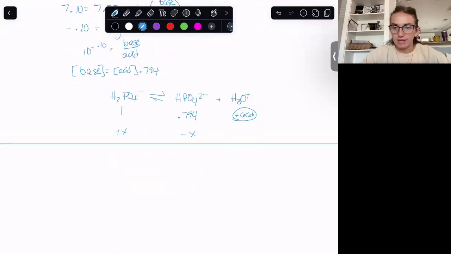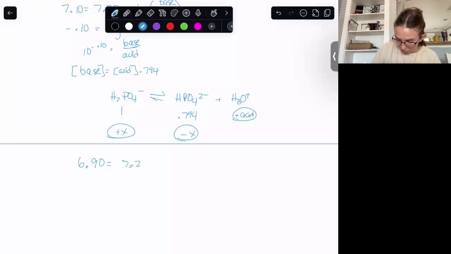Once we know that, we can say I have the same change in X for both of these. So now my new Henderson-Hasselbalch equation is 7.20 plus the log of base over acid.